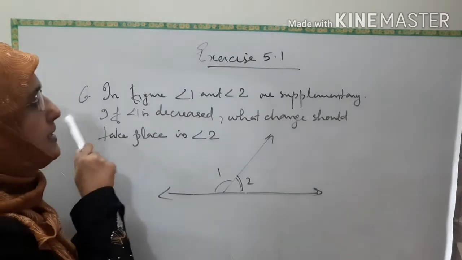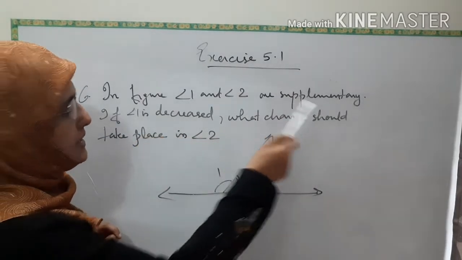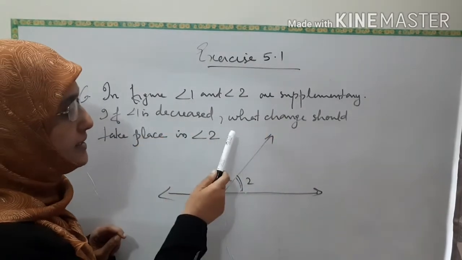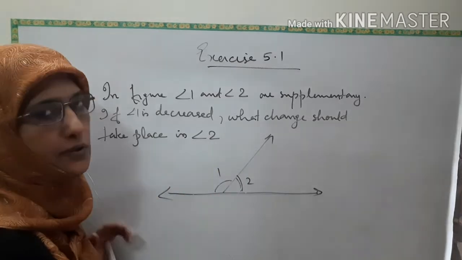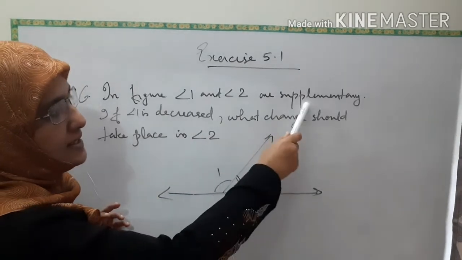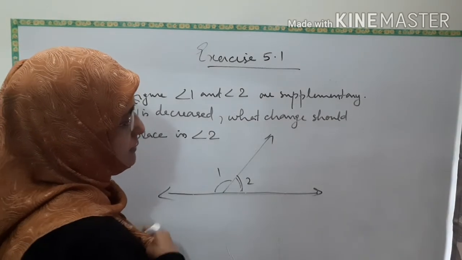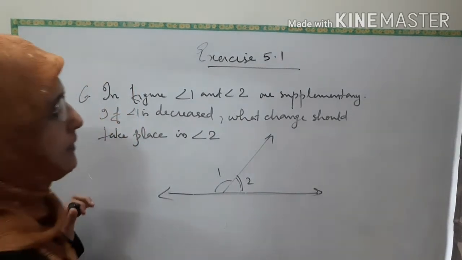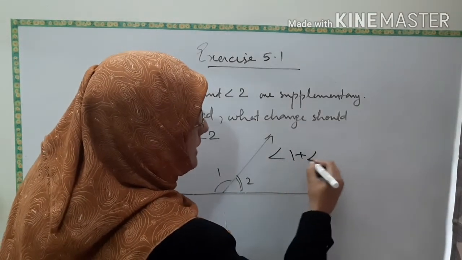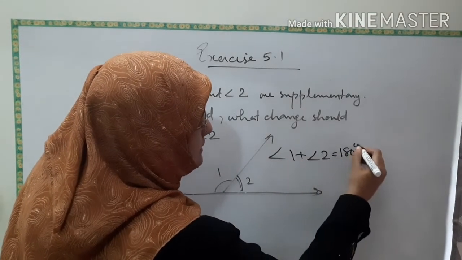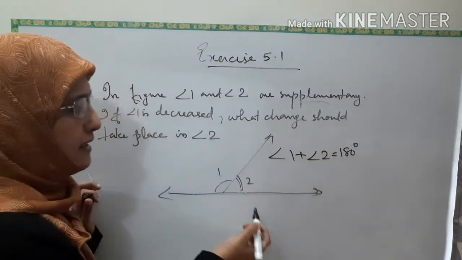See the sixth question. In the figure, angle 1 and 2 are supplementary, and if angle 1 is decreased, what change should take place in angle 2? Angle 1 and 2 are supplementary. Supplementary means when you add angle 1 plus angle 2, it should be 180 degrees. That is supplementary, isn't it?